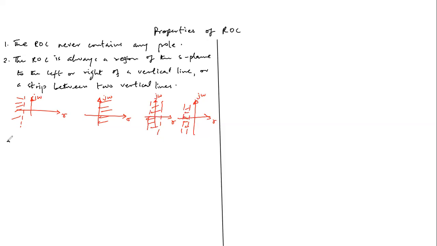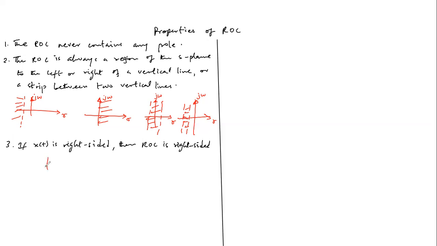Then the third point is that if s of t is right-sided, then the region of convergence is right-sided. Just like I mentioned earlier.